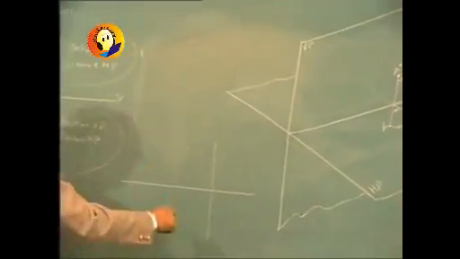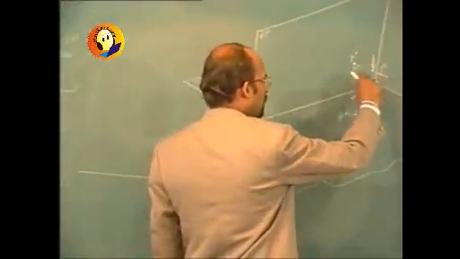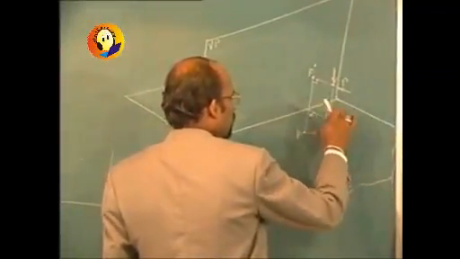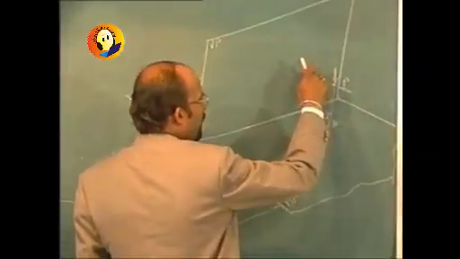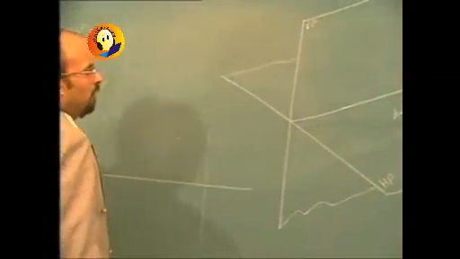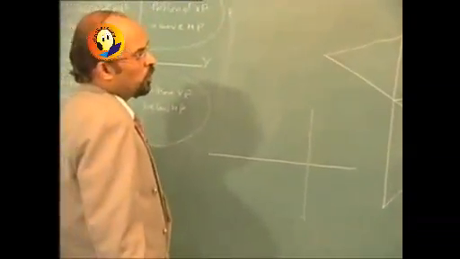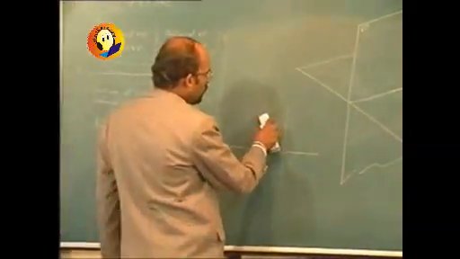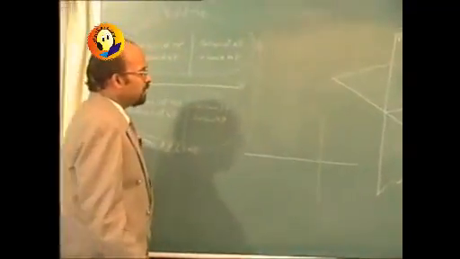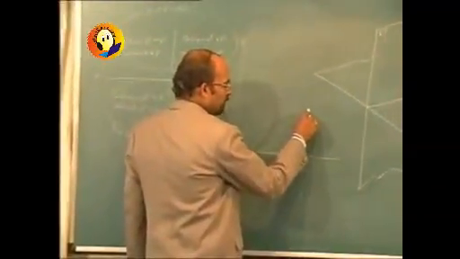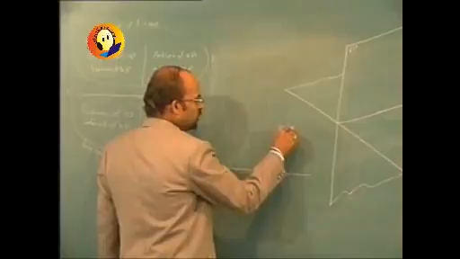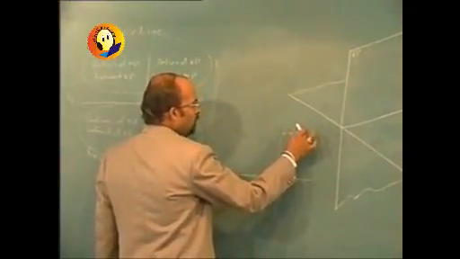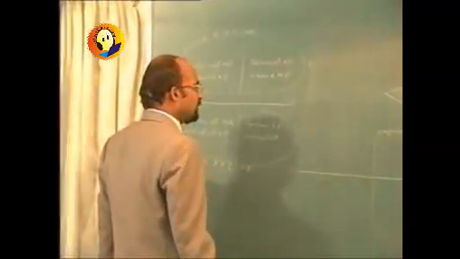Now this perpendicular line is actually the plane which comprises of small p, capital P, P dash, which is perpendicular to horizontal plane as well as vertical plane. So this is actually a plane which is perpendicular to both HP and VP and is generally called as the projector. So projector is actually a plane which is perpendicular to HP as well as VP.